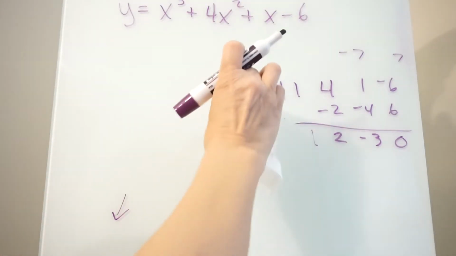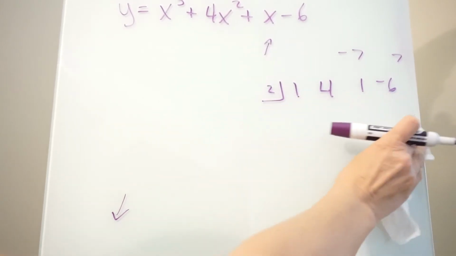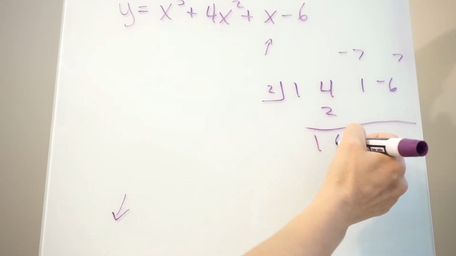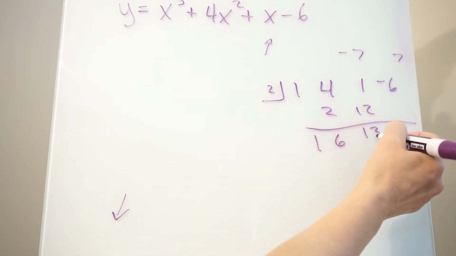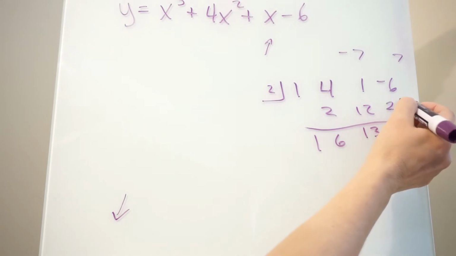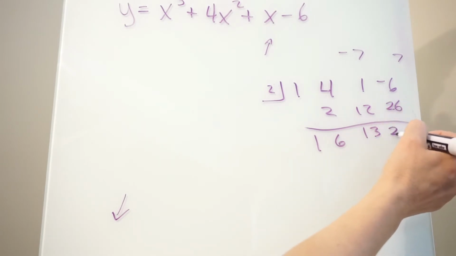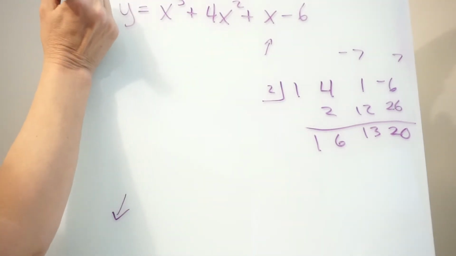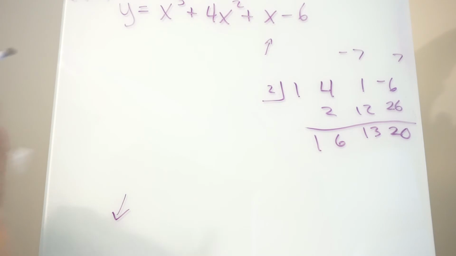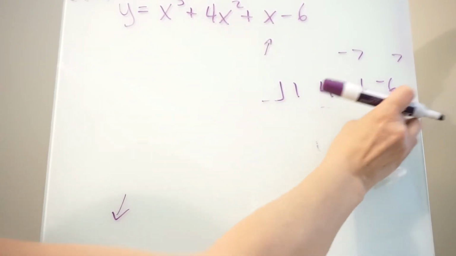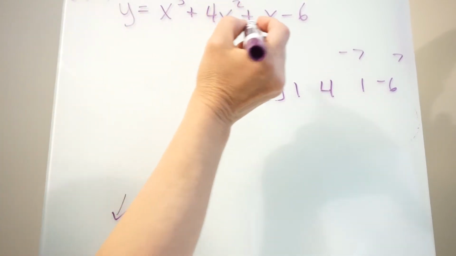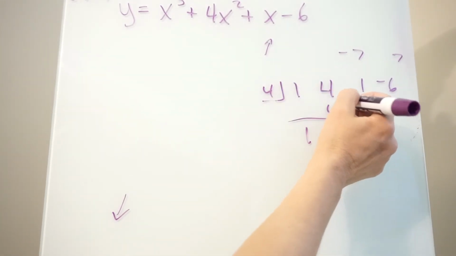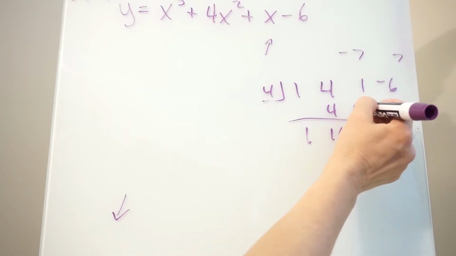Okay, let's try 2. Bring down, multiply, add, multiply, add, multiply. And oops, yep. And we get 220. Yeah, those are kind of off the chart a little bit, but good to know where they're at. Let's do 4. 4, 16. 4.